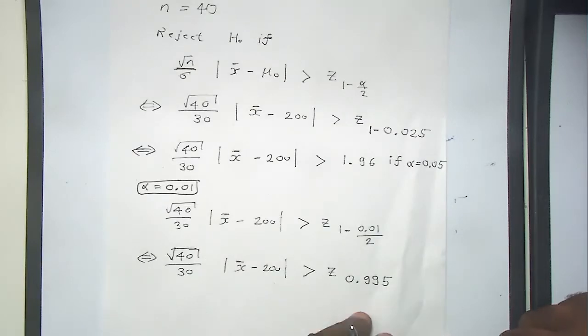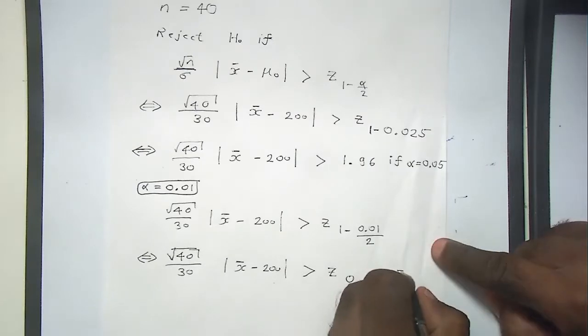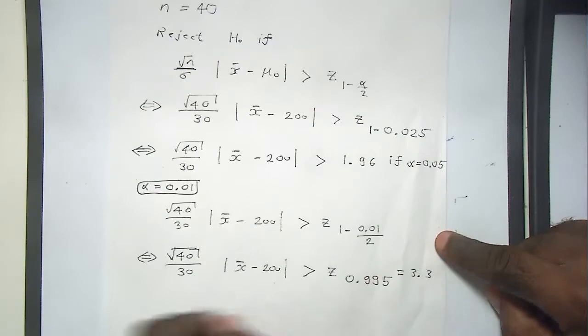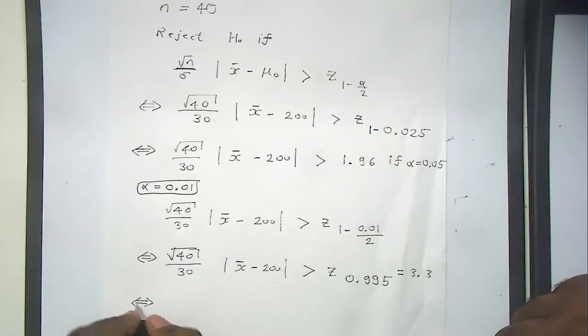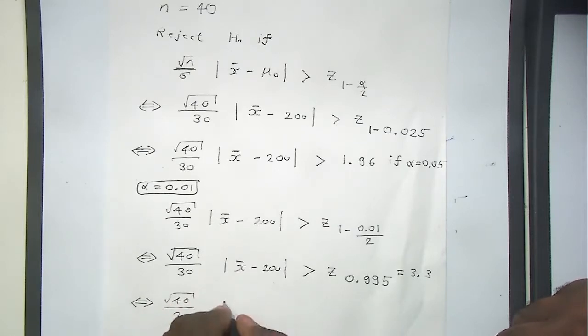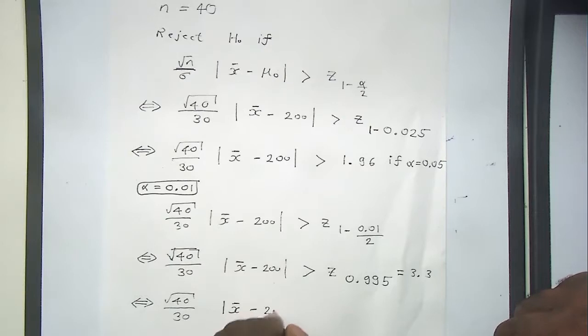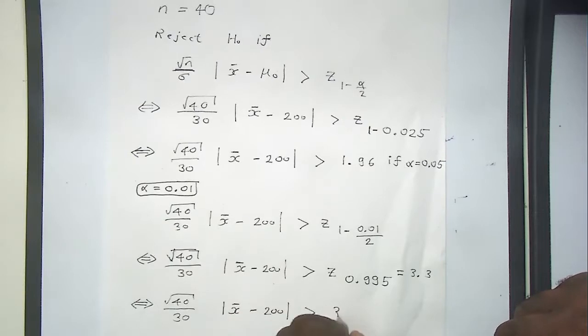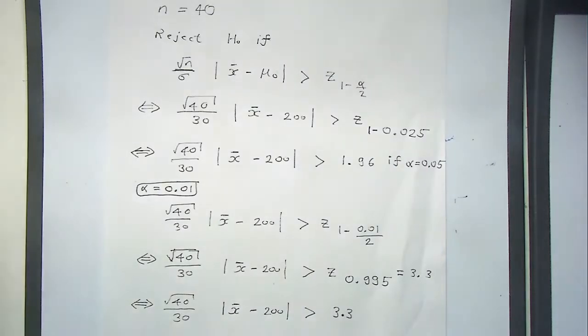Can somebody read 0.995 off the table? 3.3. So the rejection rule, in the case alpha is 0.01, would be 3.3. So that's question 1, guys. Now can you do question 2? Part 2 is similar, so can you move on to question 2, please?